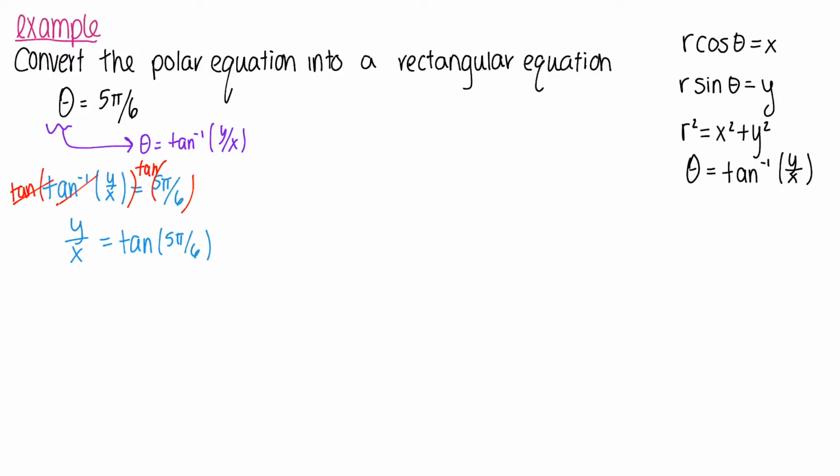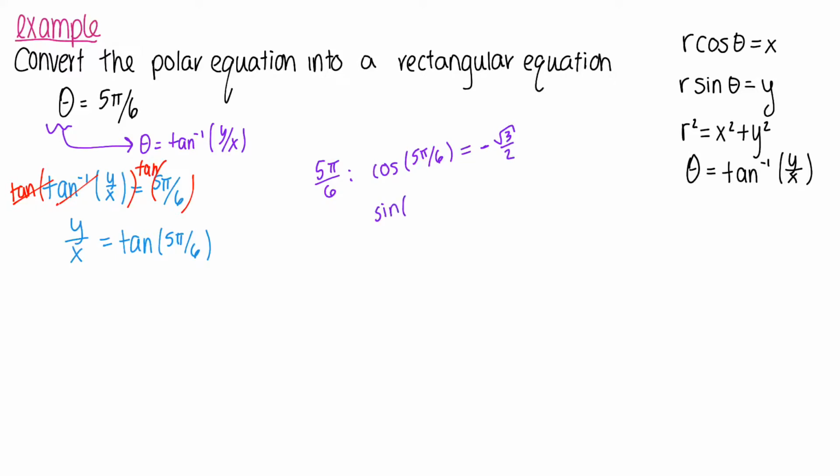So thinking about 5 pi over 6, cosine of 5 pi over 6 is going to be negative root 3 over 2.